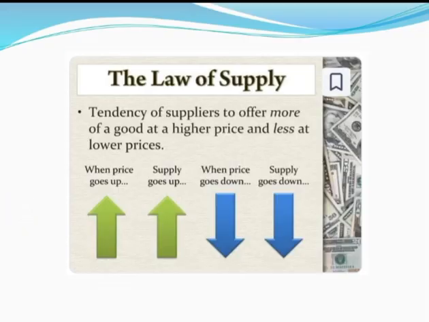So the law of supply: the tendency of suppliers to offer more of a good at a higher price and less at a lower price. Here, supply follows a direct relationship between price and quantity supplied.